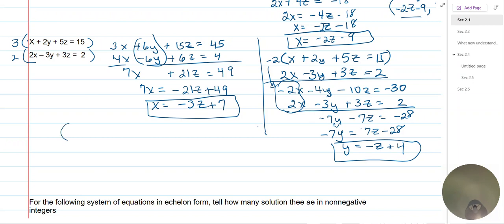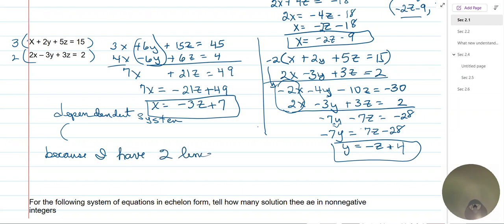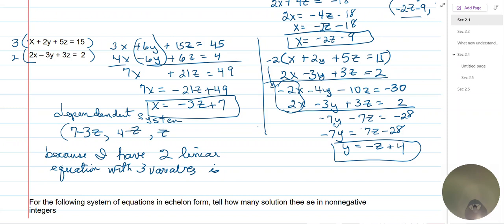So my dependent system, because I have two linear equations with three variables, the solution: x was 7 minus 3z, and I can put it like this so I don't have a negative starting, 4 minus z, and z.